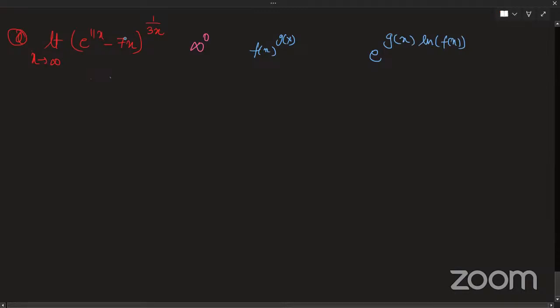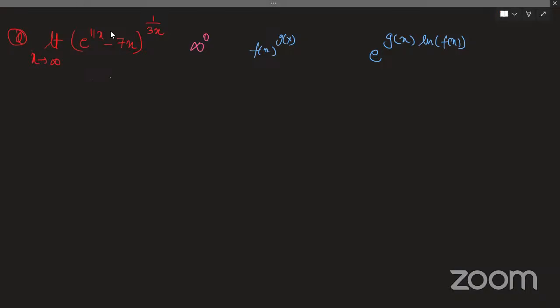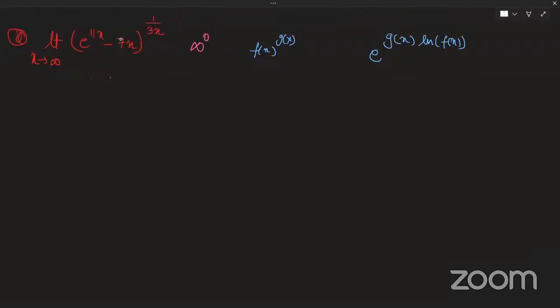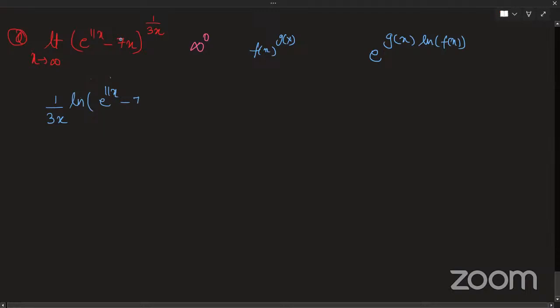Remember everyone? Or forgot? Okay. So e raised to g of x, and g of x will be 1 by 3x, into ln of f of x. Correct, everyone?